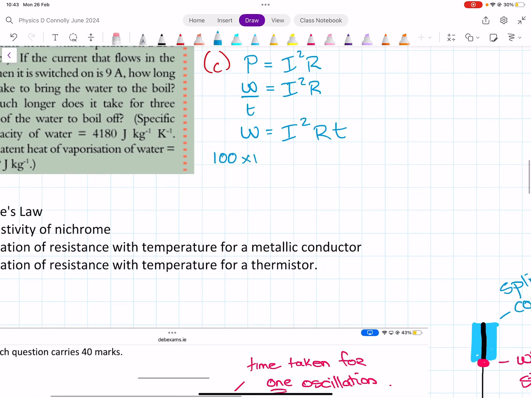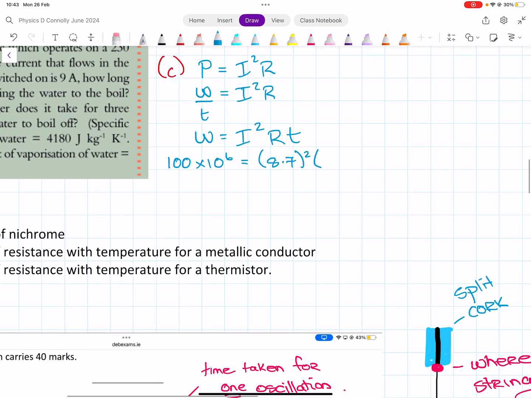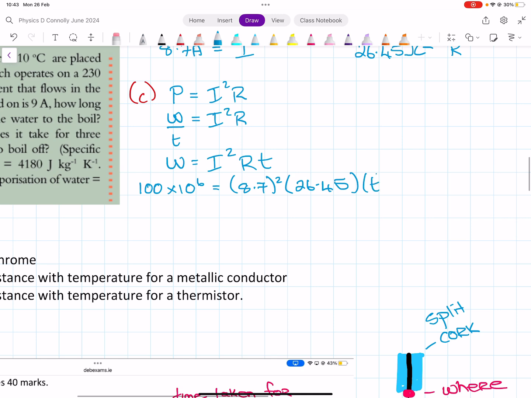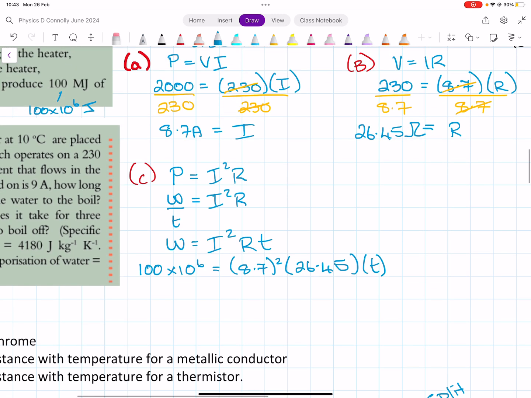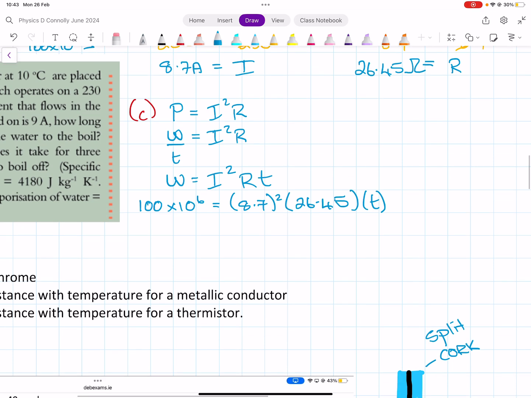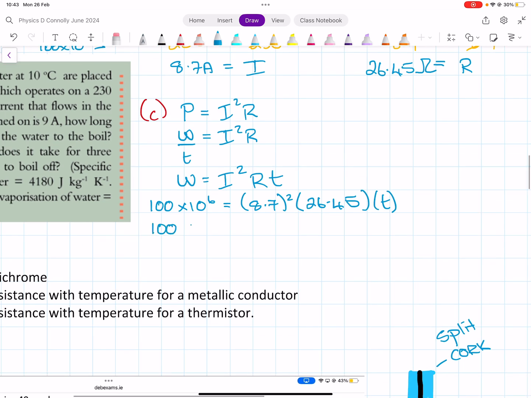So this is 100 by 10 to the 6. The current is 8.7, the resistance is 26.45, times T. So that is 100 by 10 to the 6 equals 2000 by T.